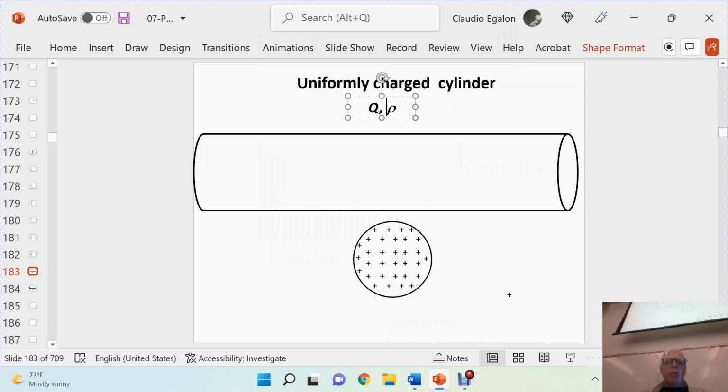It's not going to be Q sigma, it's Q rho, because it's a solid cylinder. Radius R, charge density rho.